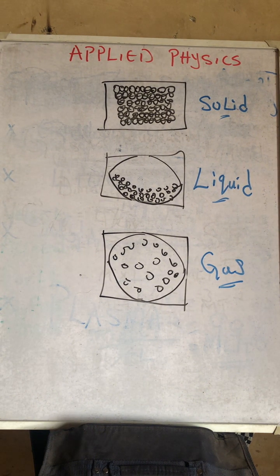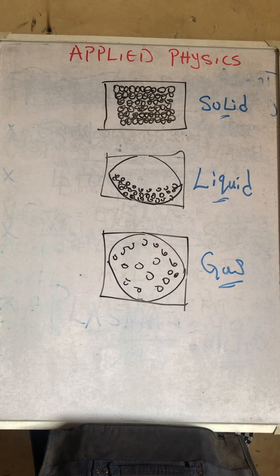So the forces between the particles are so strong that the particles cannot move freely, but can only vibrate. As a result, a solid has a stable definite shape, and it also has a definite volume.